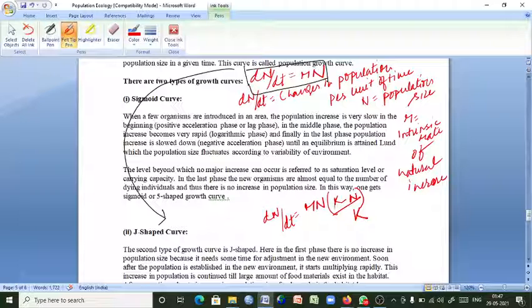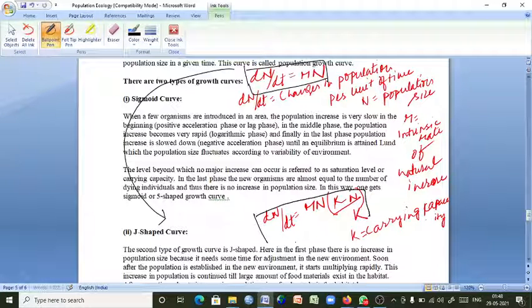And what is this K? The K is the carrying capacity of that particular population. So this equation, dN by dt equal to rN into K minus N by K, actually establishes a special condition of a sigmoidal curve.